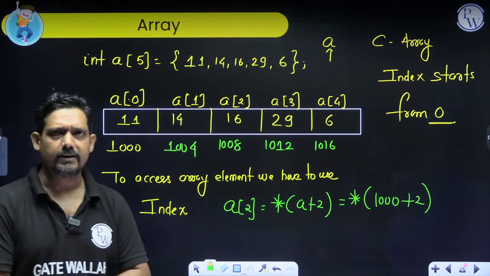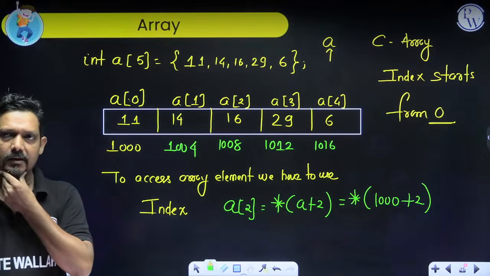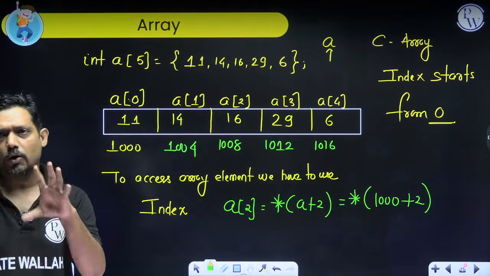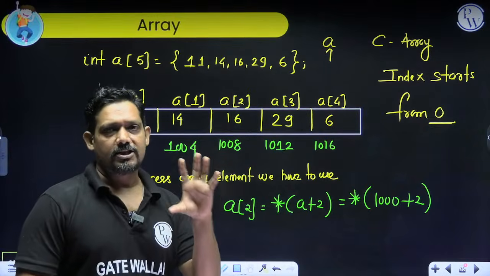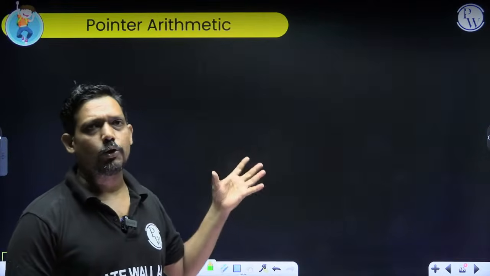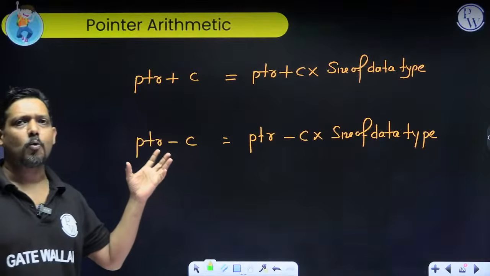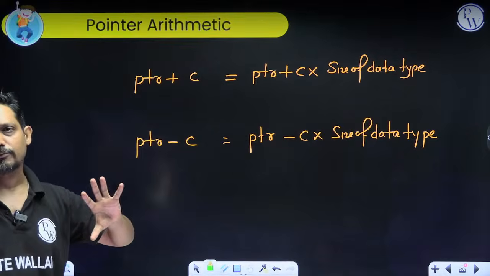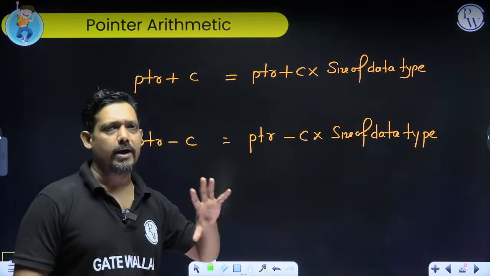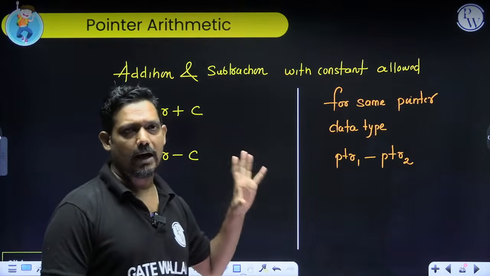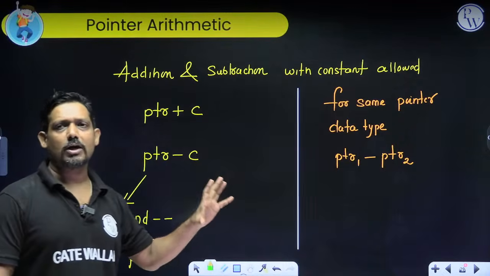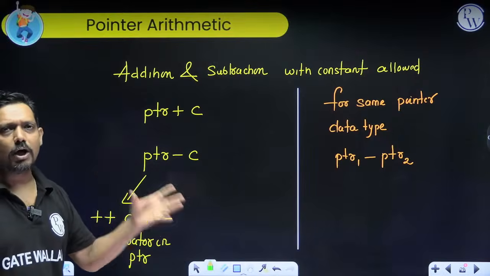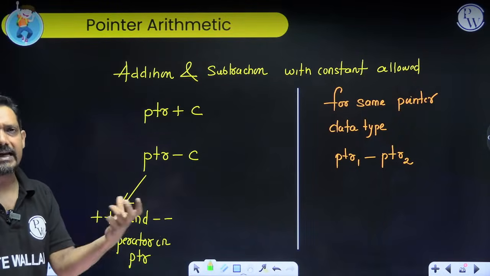This is what you have to learn. Okay, this is what I was saying to you. That is why we learn pointer arithmetic. 1000 plus 2 is not 1002. This is the point that I was making earlier: 1000 is not your number, it's an address.